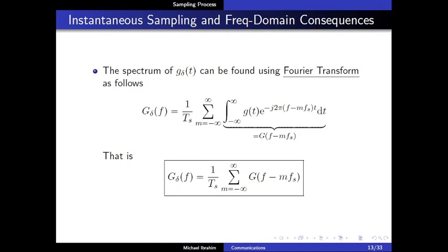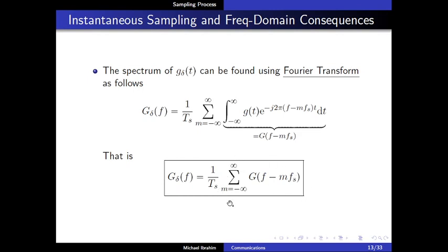What if you put m equals 2? We get G of f minus 2fs, which is the spectrum of the original signal shifted by 2fs, and this goes all the way to infinity. If you put m equals minus 1, you get G of f plus fs, which is the original signal spectrum shifted to the left at minus fs, and this goes all the way down to negative infinity.